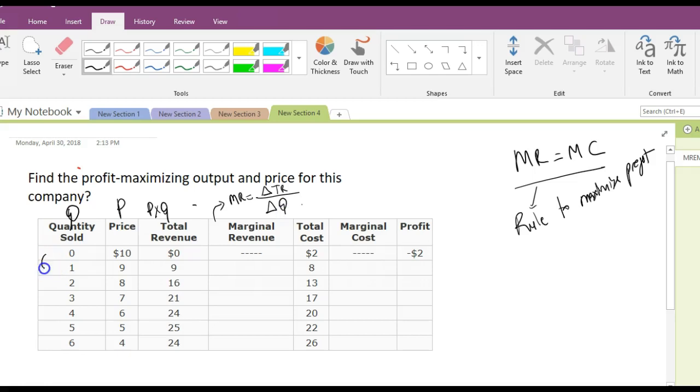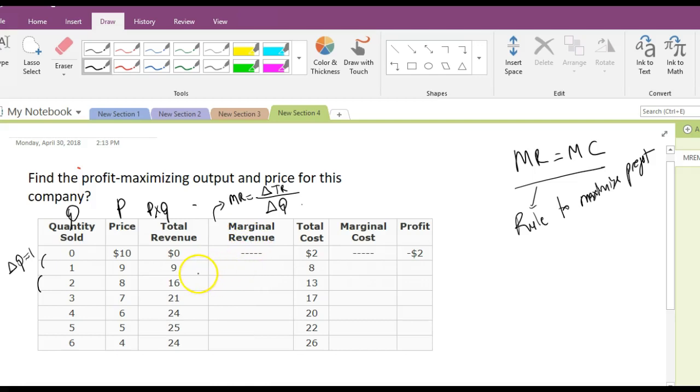As you can see, at each level delta Q is equal to 1. So we can easily look at the change in total revenue, and the denominator will always be 1. That will give you the marginal revenue.